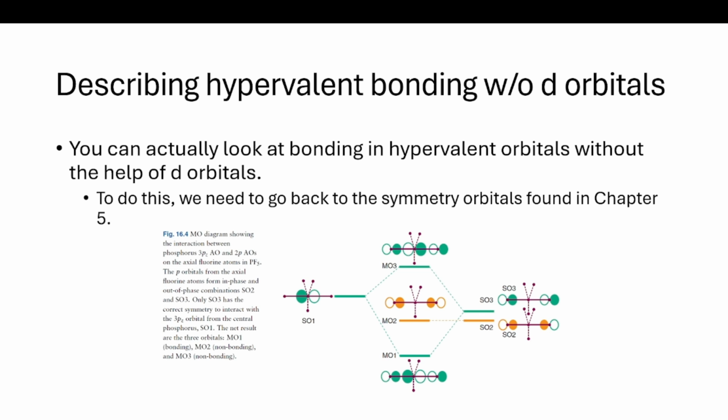Essentially, we have a phosphorus atom in the middle. We're going to have 3 equatorial chlorines and 2 axial chlorines. And instead of using d orbitals for the phosphorus atom, we can simply use molecular orbitals formed from symmetry orbitals. And using that, we can rationalize bonding using molecular orbital theory, as shown in the diagram below.